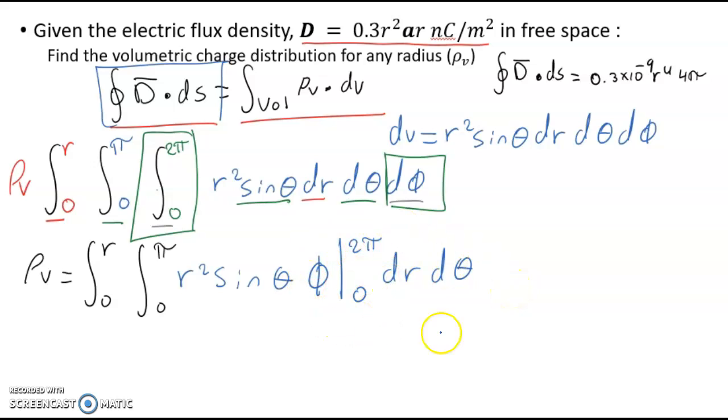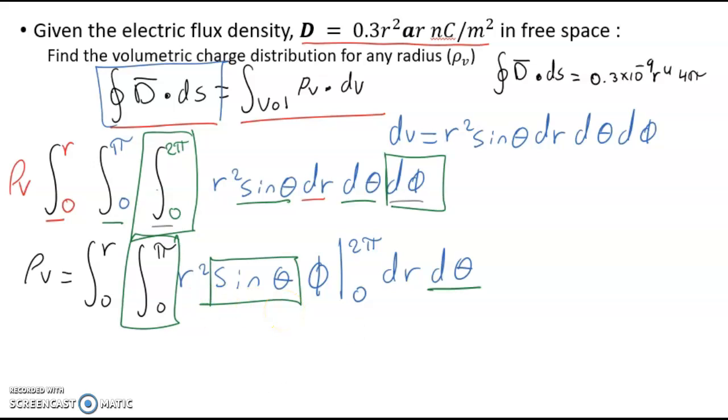We can just leave it like that. It's not going to be affected by any other integration.